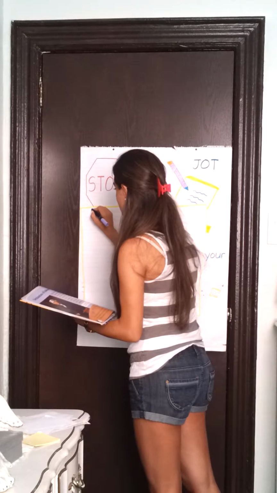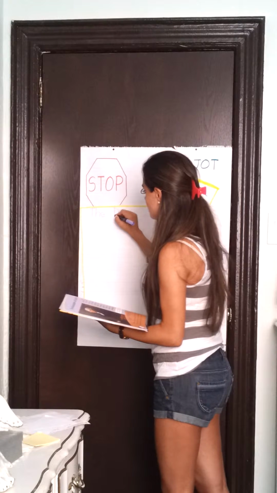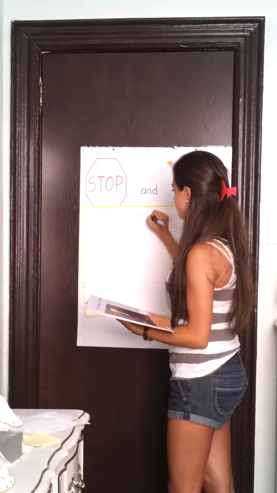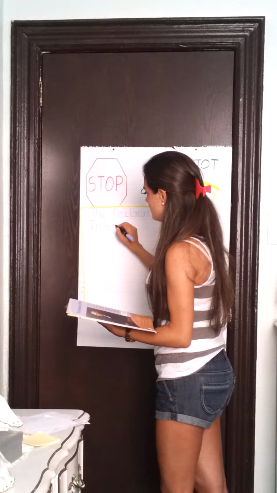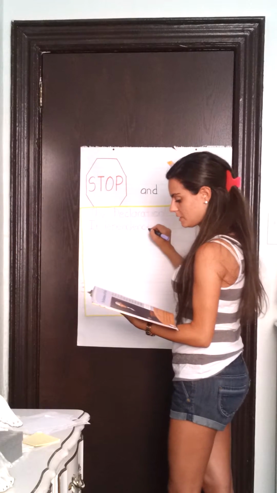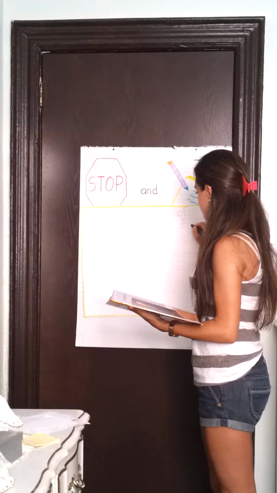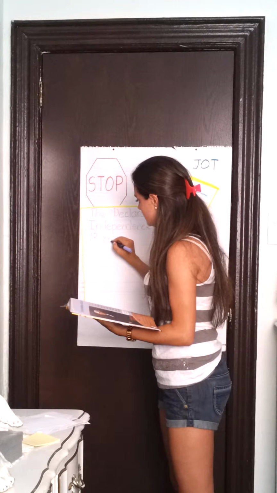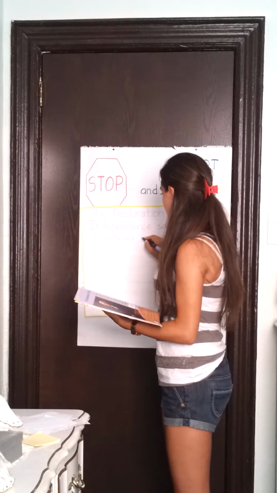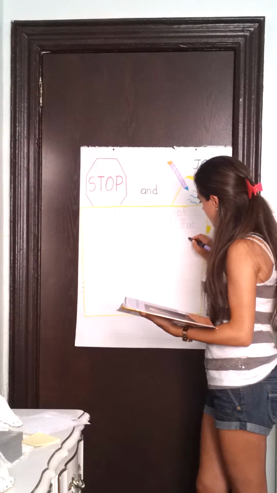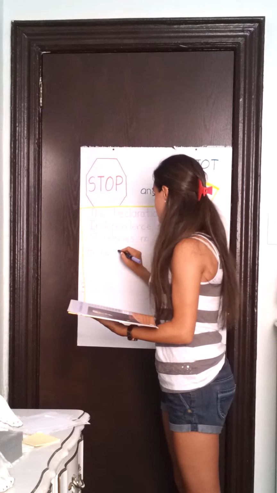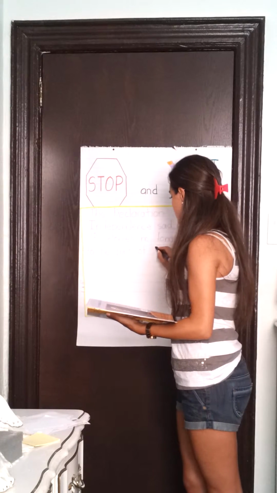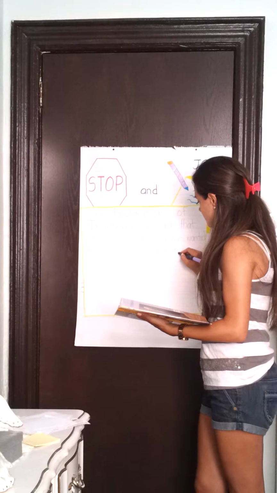So one of them is: this document, the Declaration of Independence, said that 13 colonies no longer wanted to be part of Great Britain.